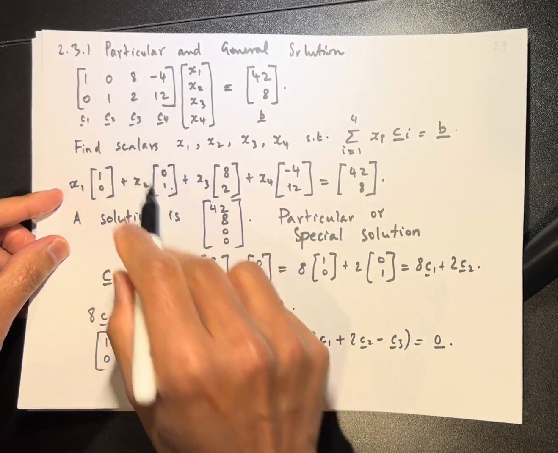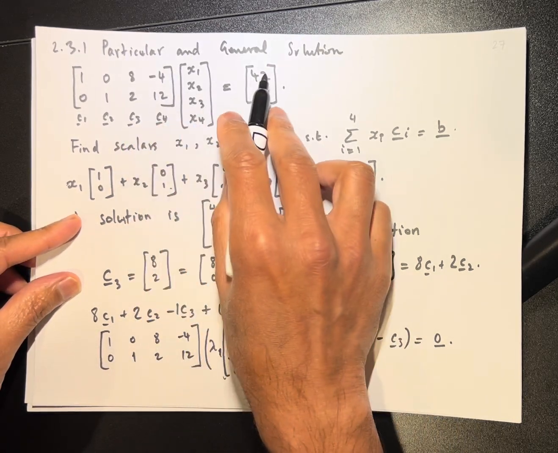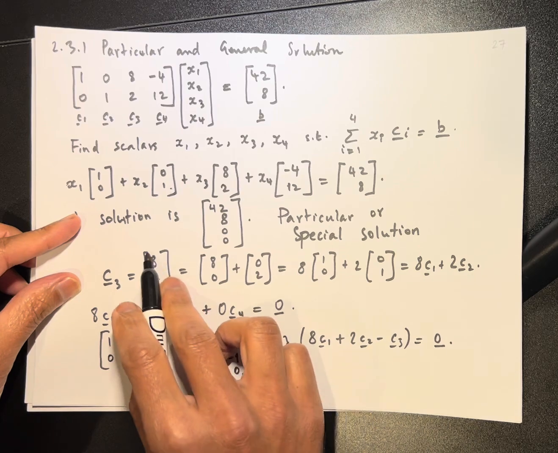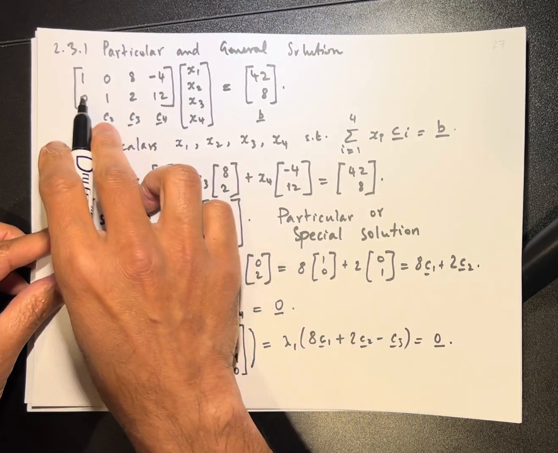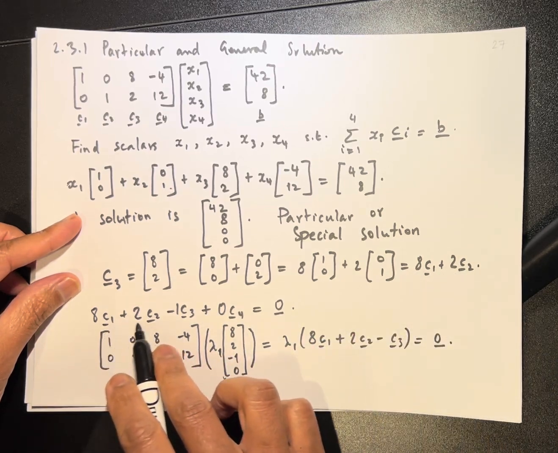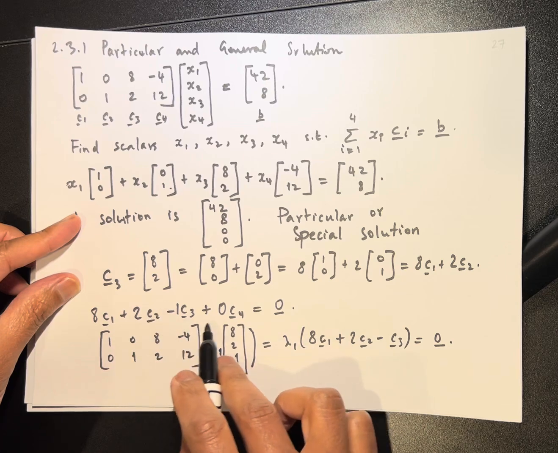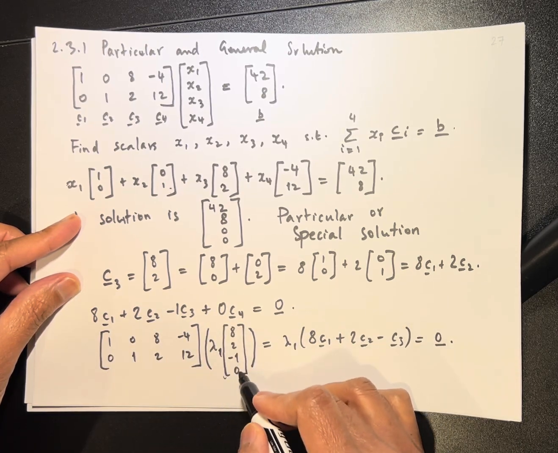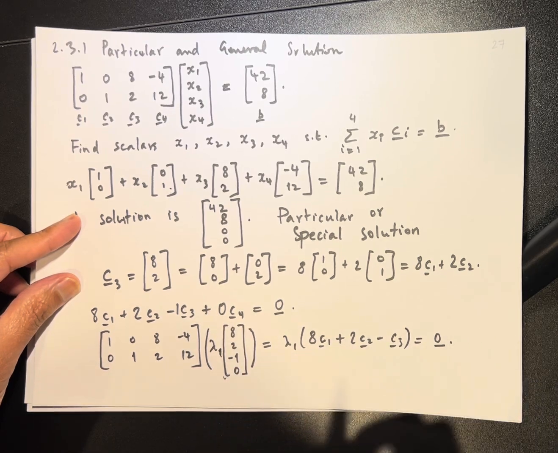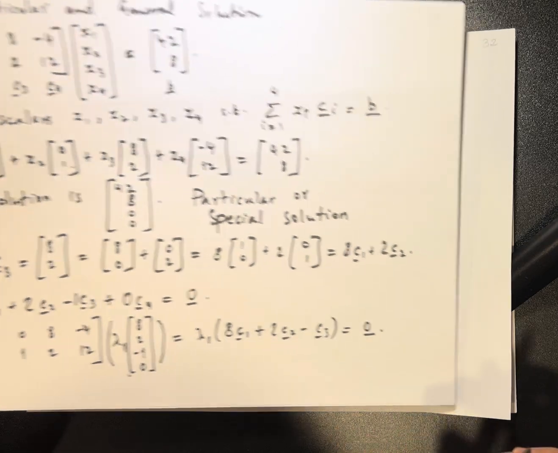Then we wrote this 8,2 for the particular solution, and then we wrote this 8,2 C3 as 8 times C1 plus 2 times C2, and we said this was going to be the 0, right? 8 C1 plus 2 C2 minus 1 C3 plus 0 C4 is 0. Then if you use this, then this is always going to give us 0, because that's the 0 of the matrix, right? Same approach, right?